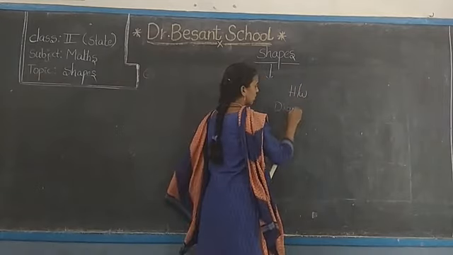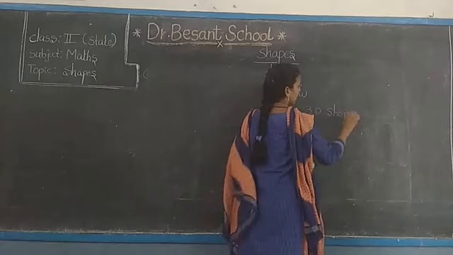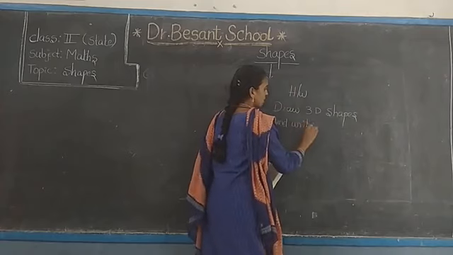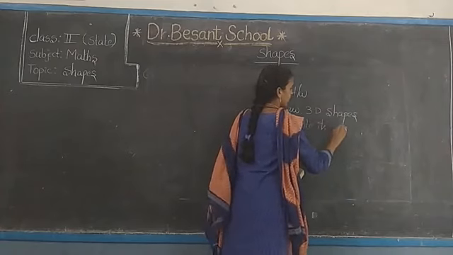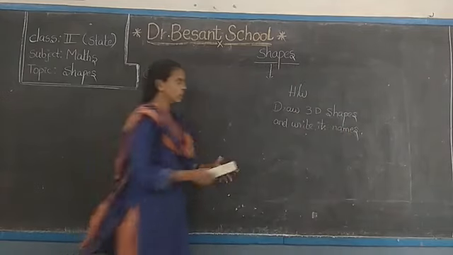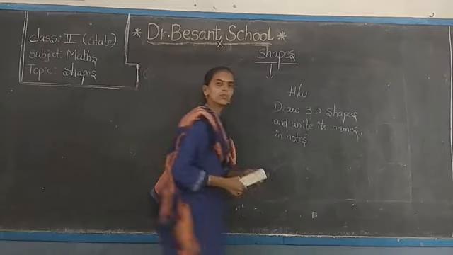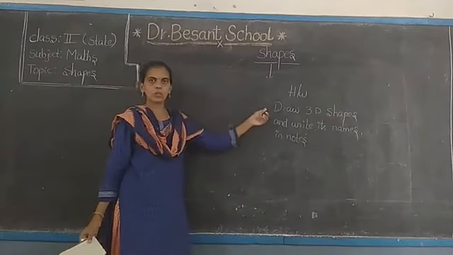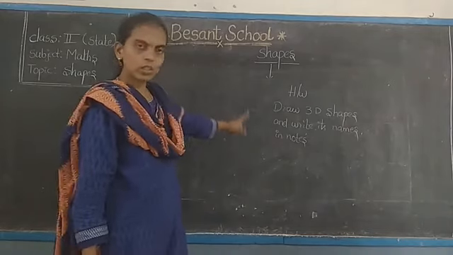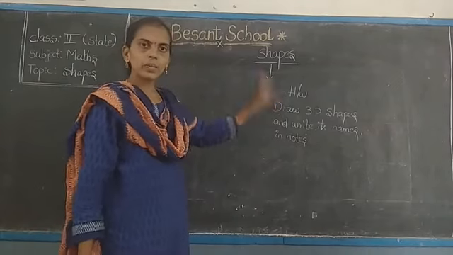Draw 3D shapes and write their names in notes. This is the homework, children. You have to draw all the shapes I have shown to you. Once again I am reminding you, you have to draw the 3D shapes and write their names, and write them in the notes.